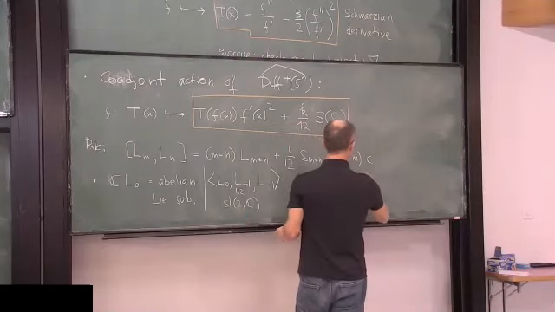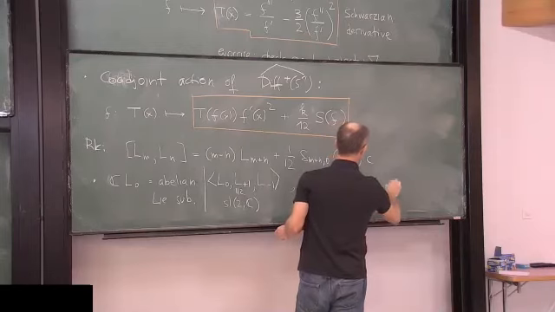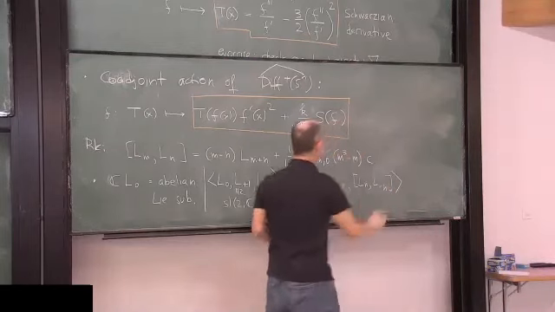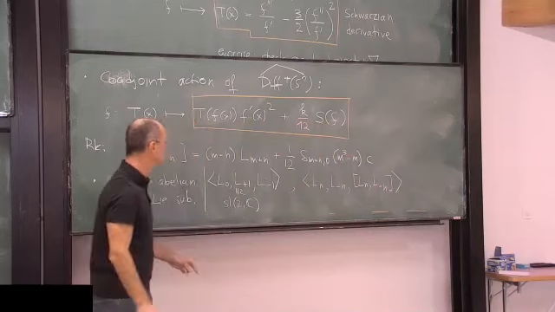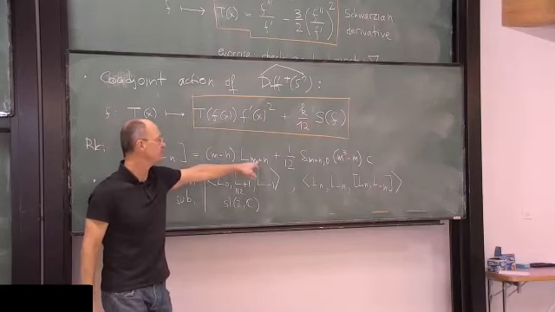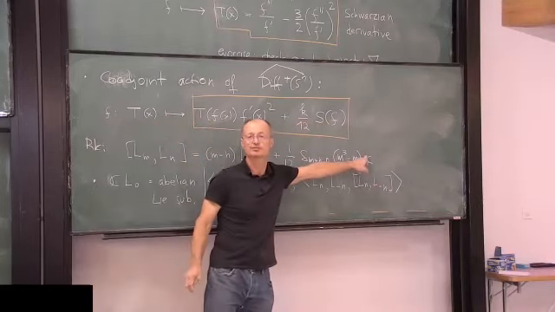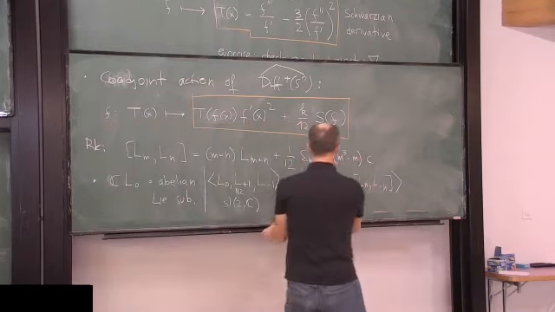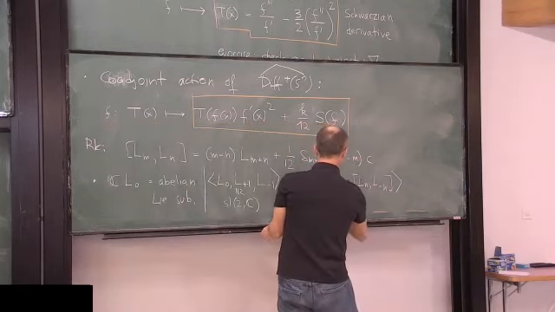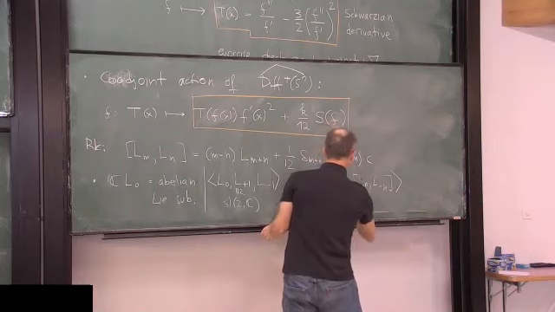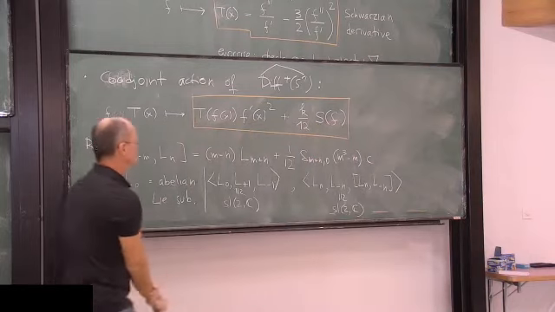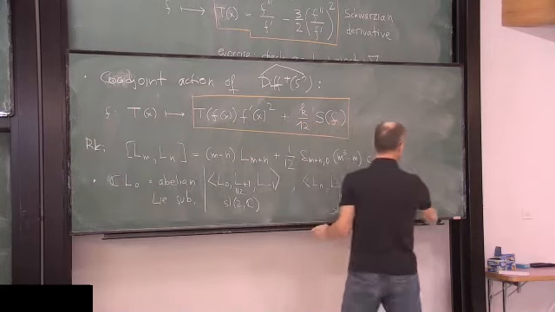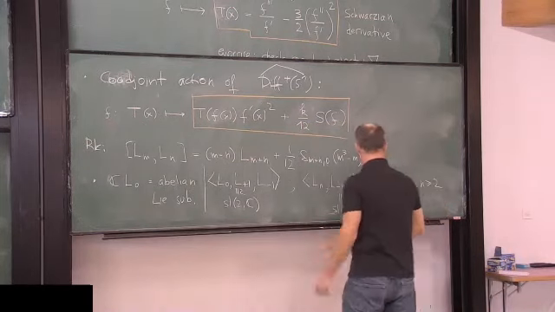Let me write it this way: the Lie bracket of Ln and L minus n is some linear combination of L naught and C. It's also isomorphic to SL2C, for n greater than or equal to 2.